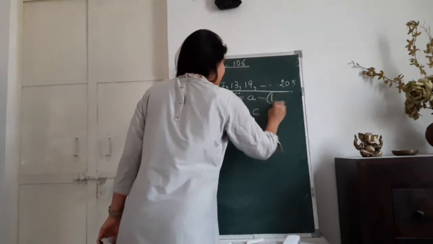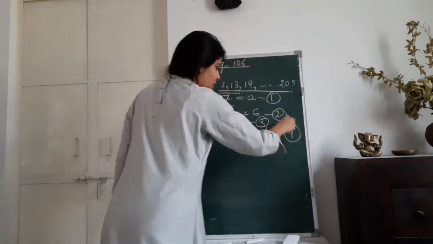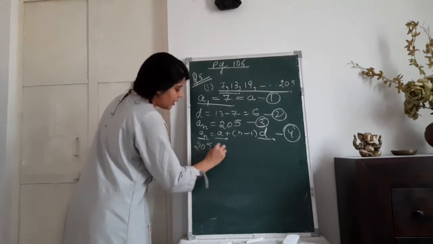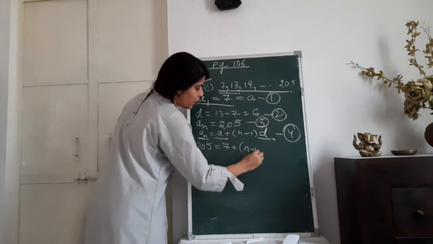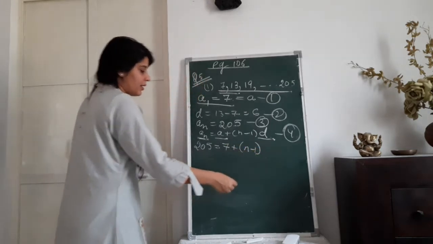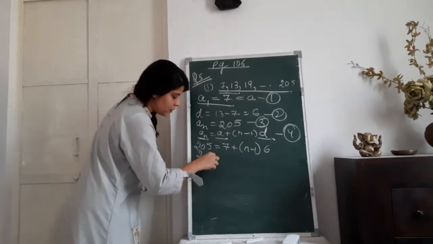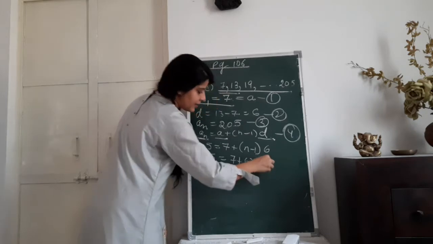So from 1, 2 and 3, putting the values in equation 4, an is 205, a is 7, plus (n minus 1) into d, and d is 6. So 205 equals 7 plus 6n minus 6.